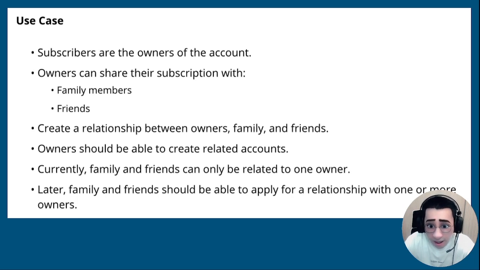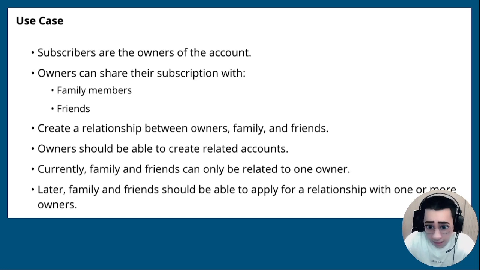The owners are allowed to share this subscription with family members or friends. So we want to be able to create a relationship with a subscriber who is a user managed object with another user managed object who would be either a family member or a friend. So we want to create a relationship between owners and their families or friends, so we can track who shares a subscription with an owner.